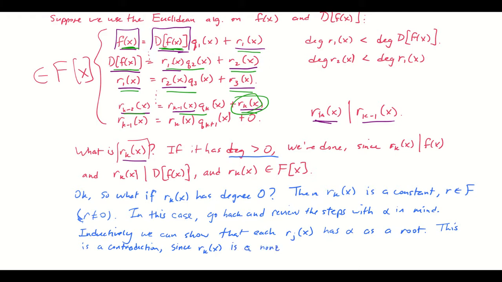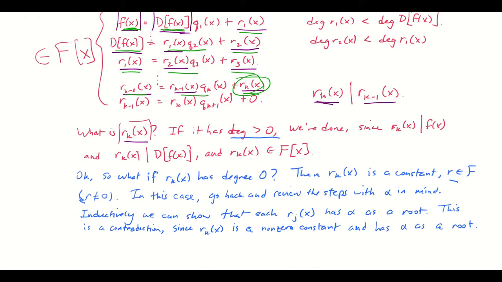That's okay. And has alpha as a root. That's just not possible. When you evaluate that polynomial at alpha, you get r. Ah, there we go. Now we use the r. All right, so we have a contradiction. Therefore, our rk of x can't have degree 0. That last non-zero remainder has to be of positive degree.